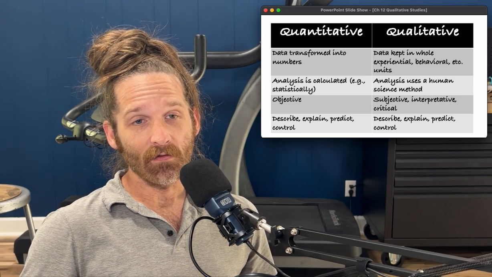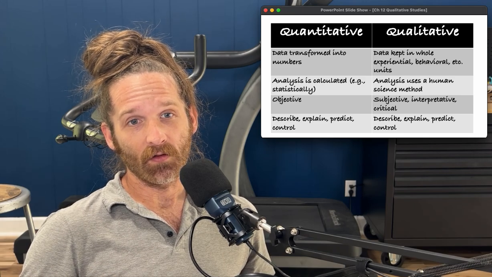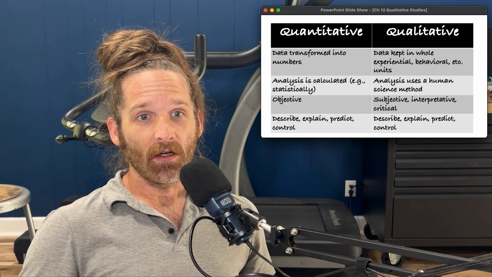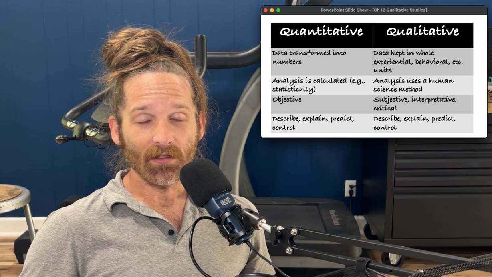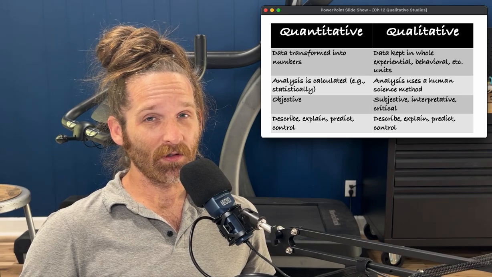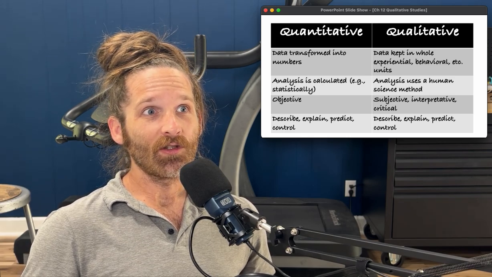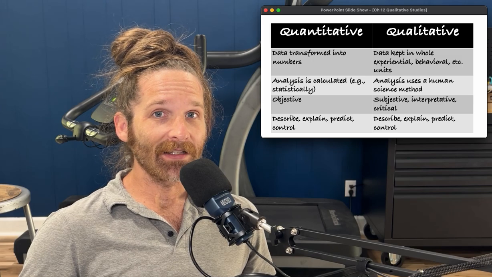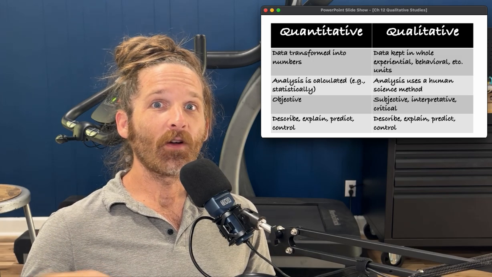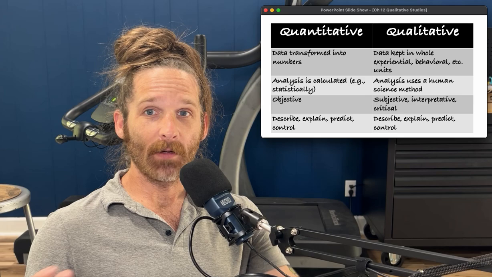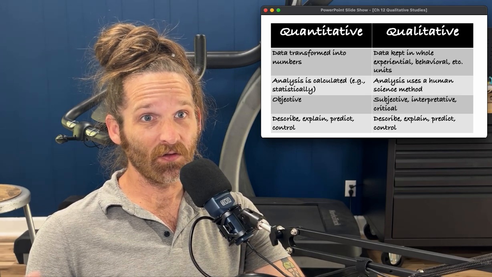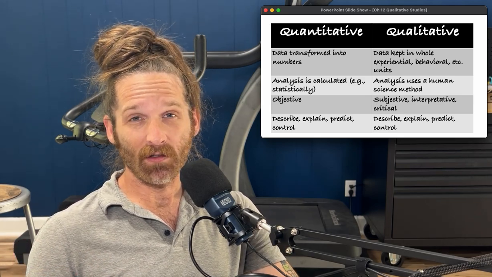Now, subjective, which I've put in the qualitative column here, subjective data or subjective information comes from a person's point of view, and we don't try to extract the observation from the point of view. We accept that observations will come from a perspective and that perspective should be honored.